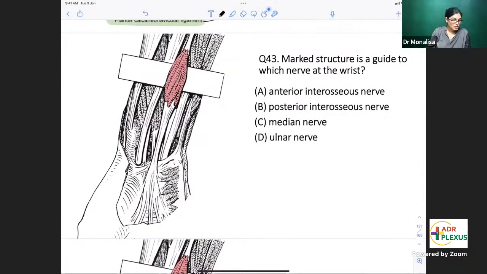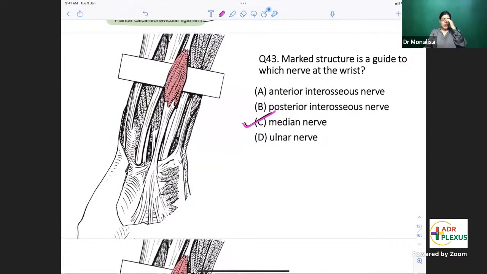Okay, let me check the answers. C, C, C. Yes, dear. The correct answer for question number 43 is median nerve. Median nerve is definitely the right answer.